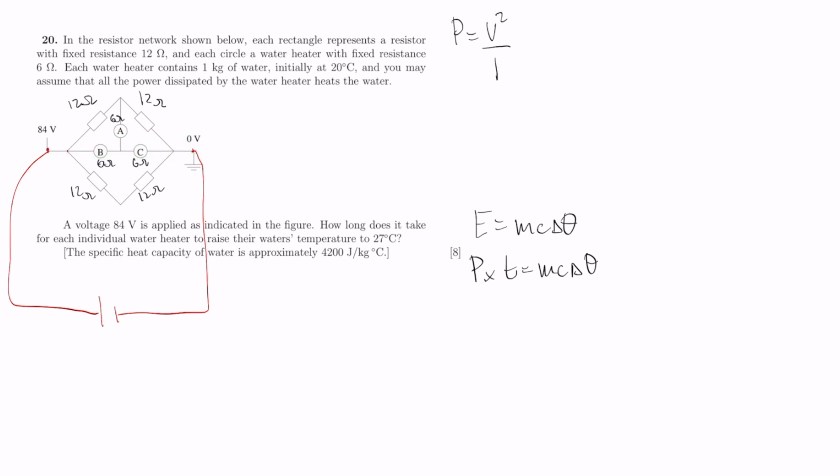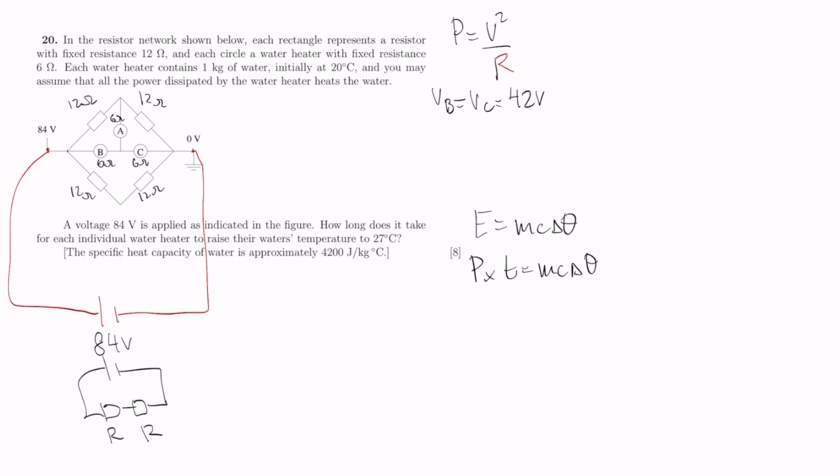So essentially this is equivalent to a circuit with two identical resistors, like that. And if the two resistors are identical, we have 84 volts and then we have R and R, the voltage will be perfectly split. So we can say that the voltage across B has to be equal to the voltage across C, which has to be equal to 42 volts.